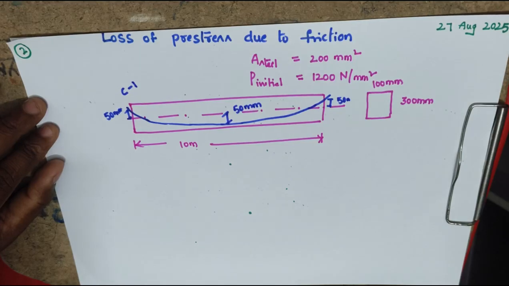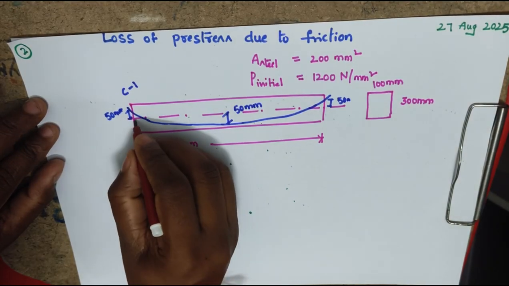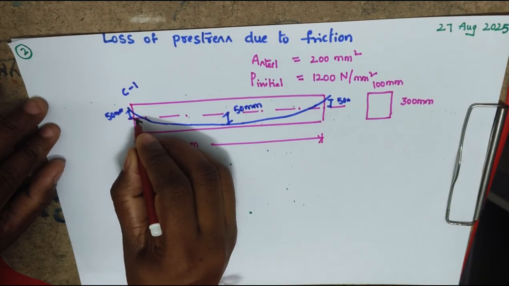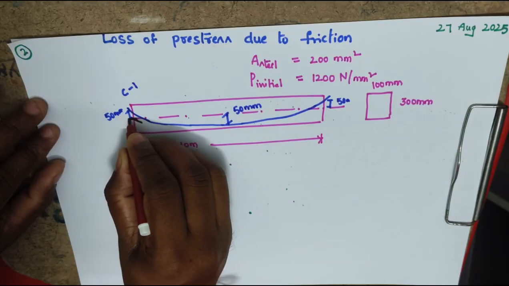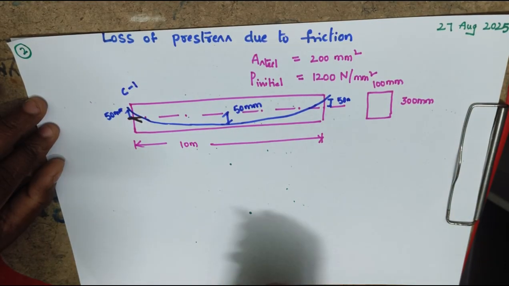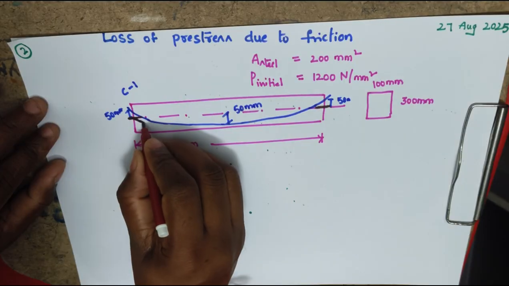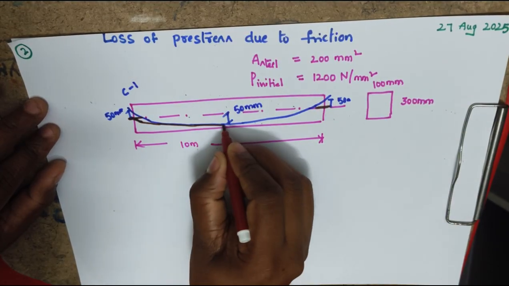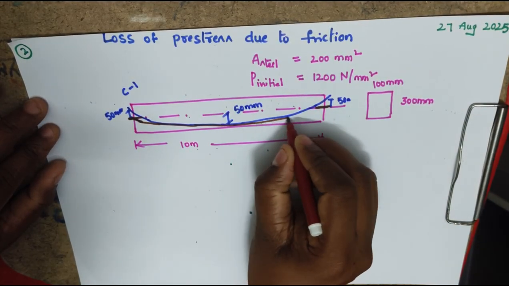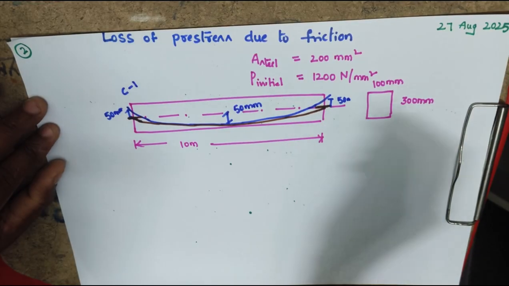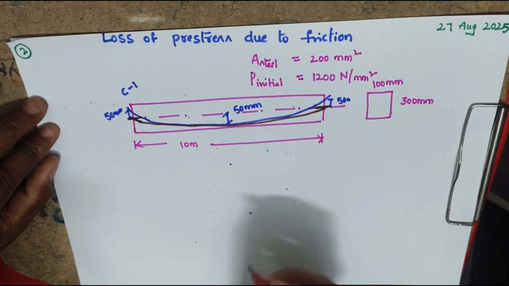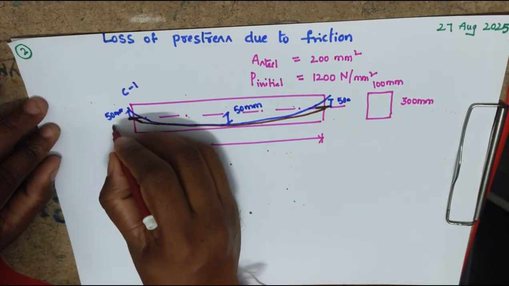Next, cable 2 is having 0 eccentricity at the ends. There is no eccentricity at ends for cable 2, 0 eccentricity, and 50 eccentricity at the center, right? This is cable 2.